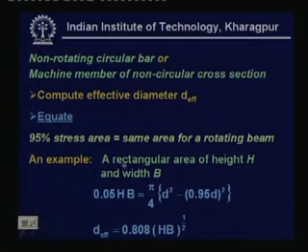Then we take up an example, a rectangular area of height h and width b.